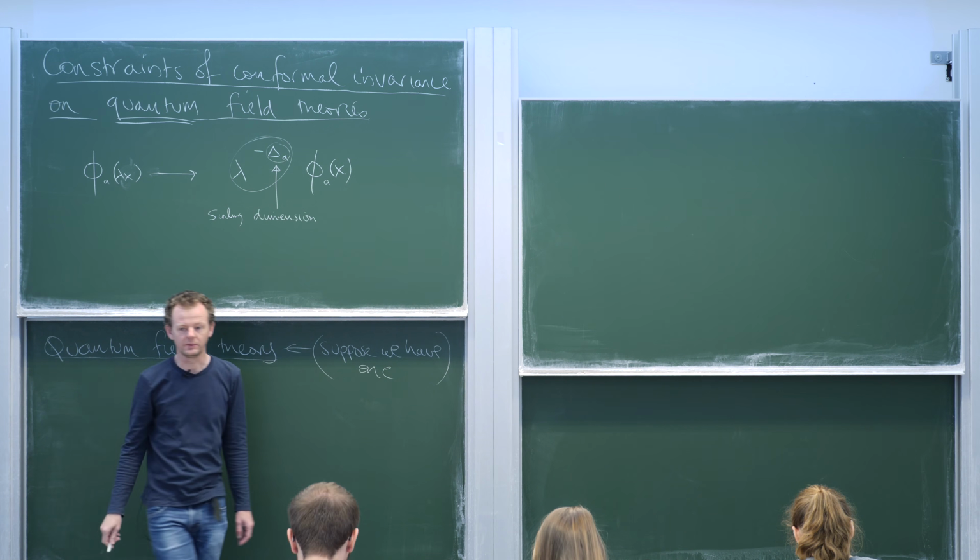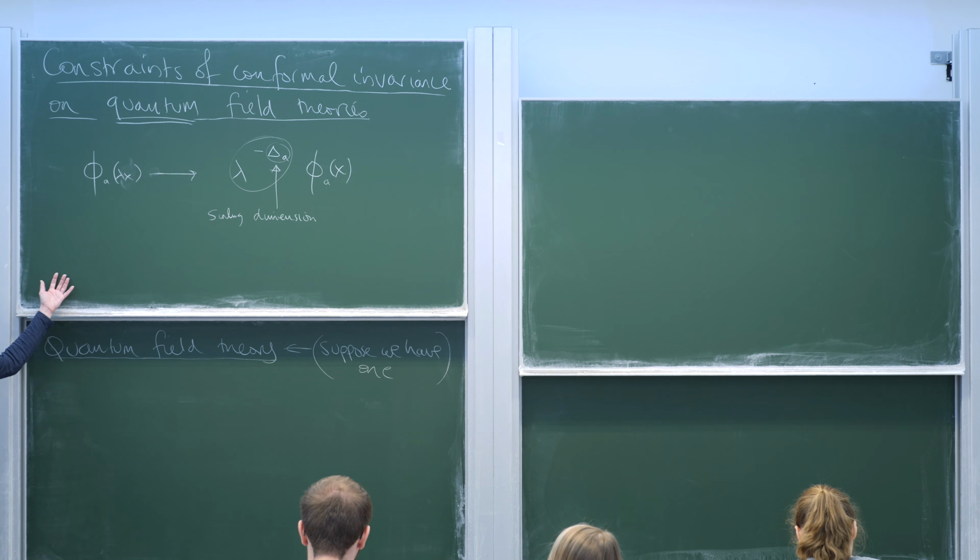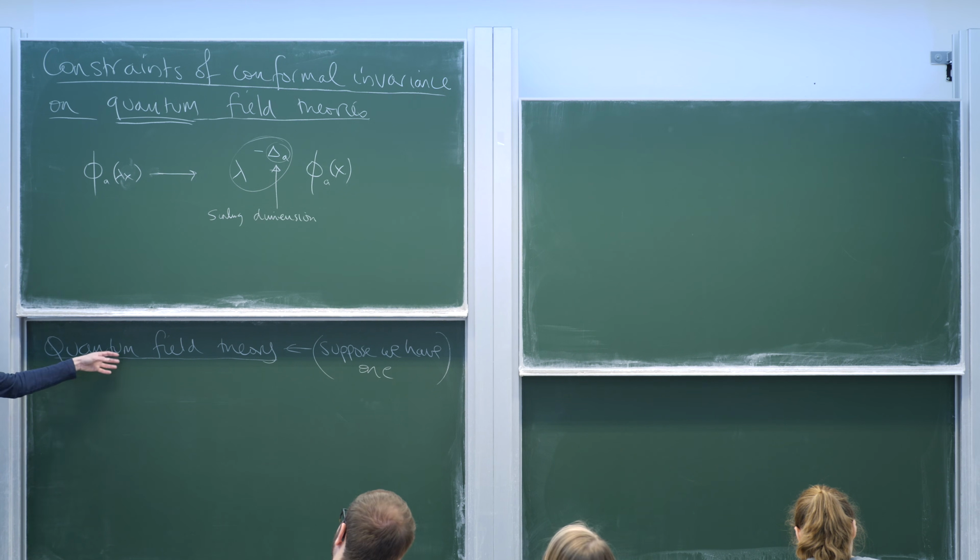We're just going to suppose that we have a quantum field theory. We've done all the hard work already, and we know it's conformally invariant, and so we just wonder, what are the constraints? Because adding symmetries is the same as adding constraints. So what are the consequences of these constraints on your favorite quantum field theory?